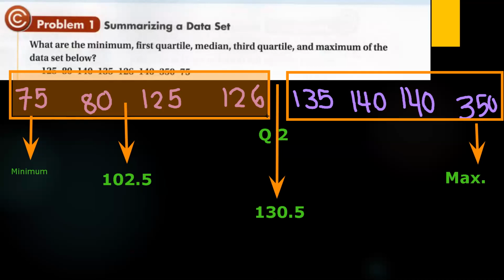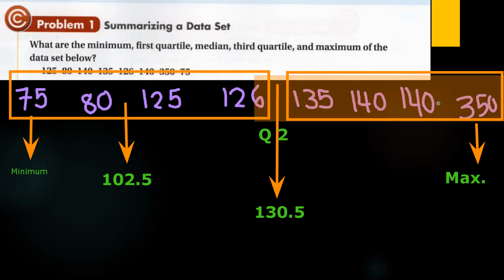If they are odd, it's very easy: take the number in the middle. But here we have two numbers in the middle. I cannot take one of them, so I will add them and divide by 2 in order to find the median. Okay, teacher.